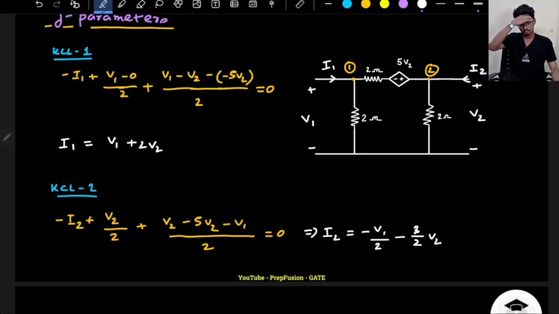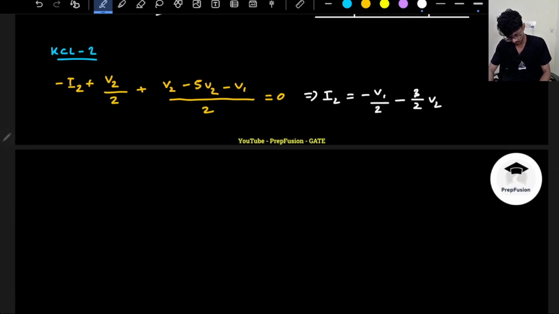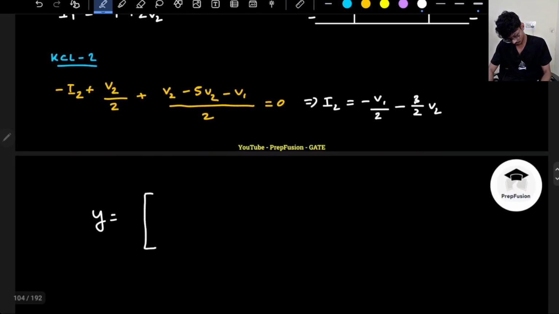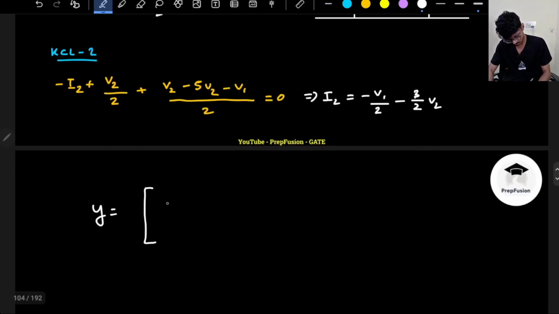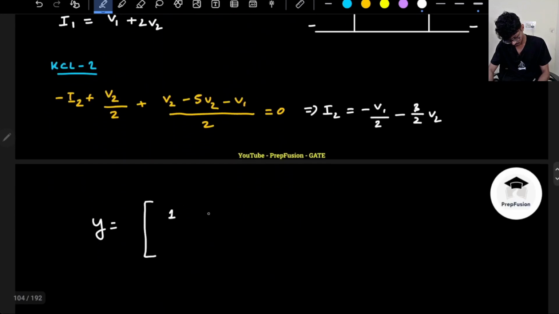So basically your Y parameters, if I write the Y matrix, will be Y11 is 1, this is 2, this is minus 1 by 2, this is minus 3 by 2.